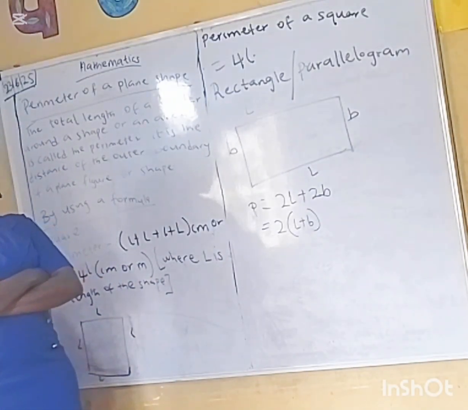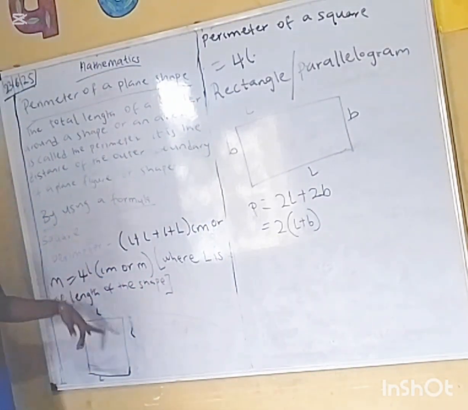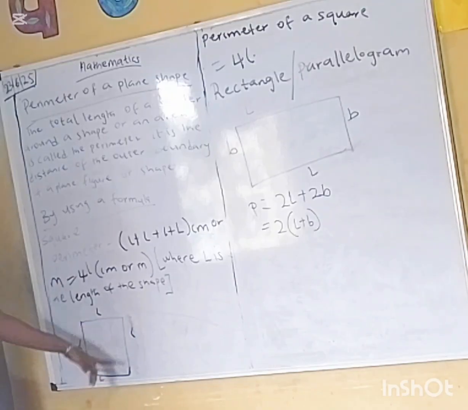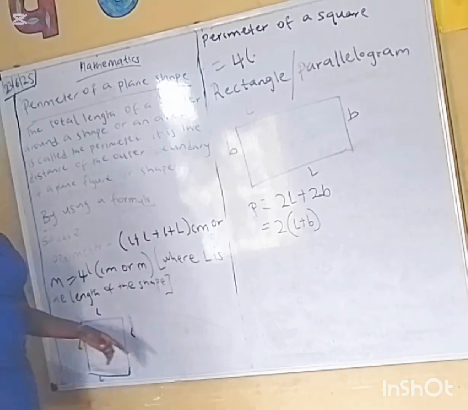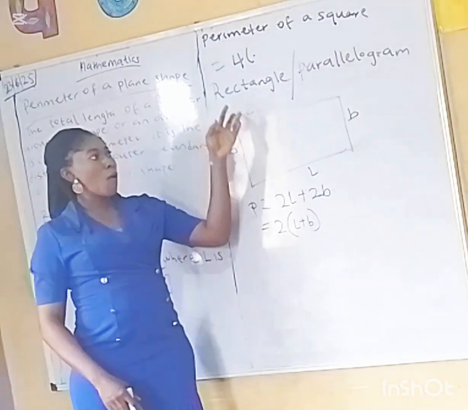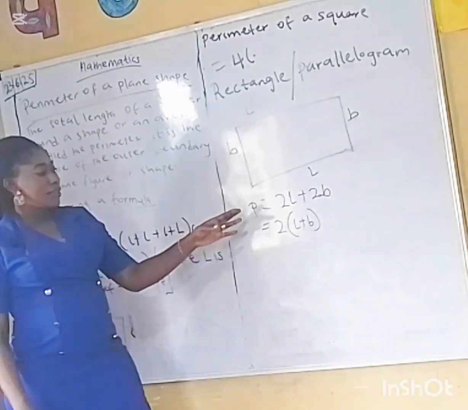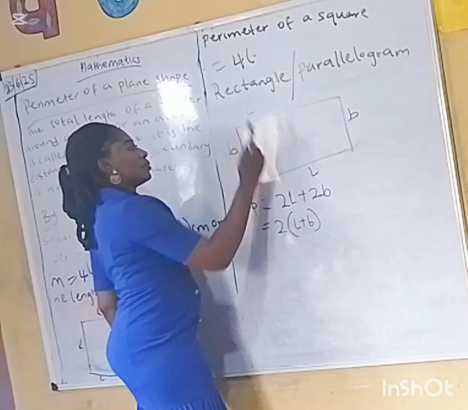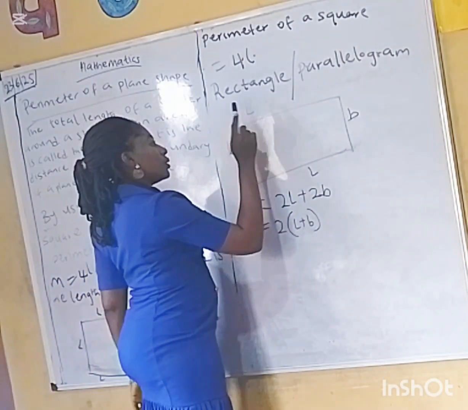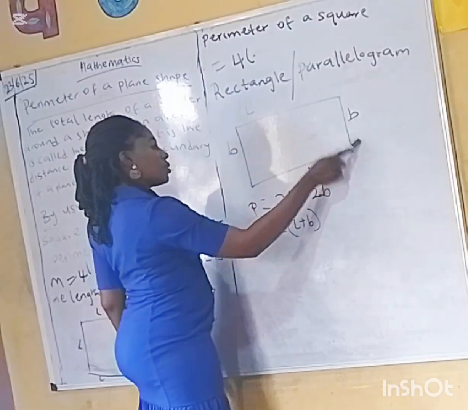Is it clear? For the square, they are all lengths, so it's 4 times the length that is given. But for either a rectangle or a parallelogram, it is 2 lengths and 2 breadths, because that will sum it up: this plus this plus this plus this.